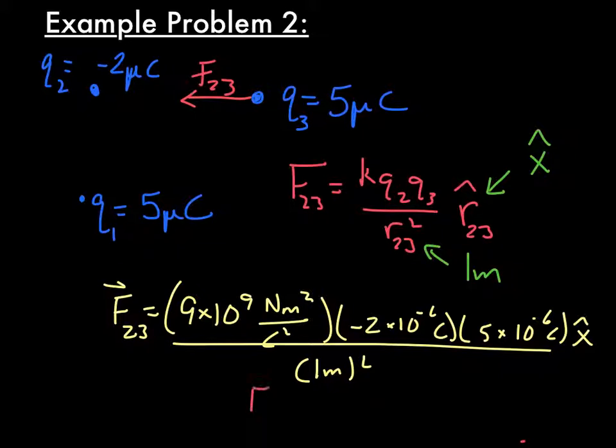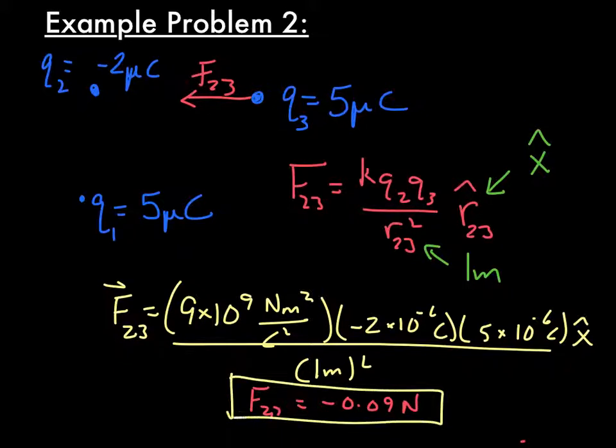And you will find that the force from 2 on particle 3 is equal to negative 0.09 newtons. And that's your answer. Very important. Pay close attention that you use the distance between them, and always pay attention to the direction.